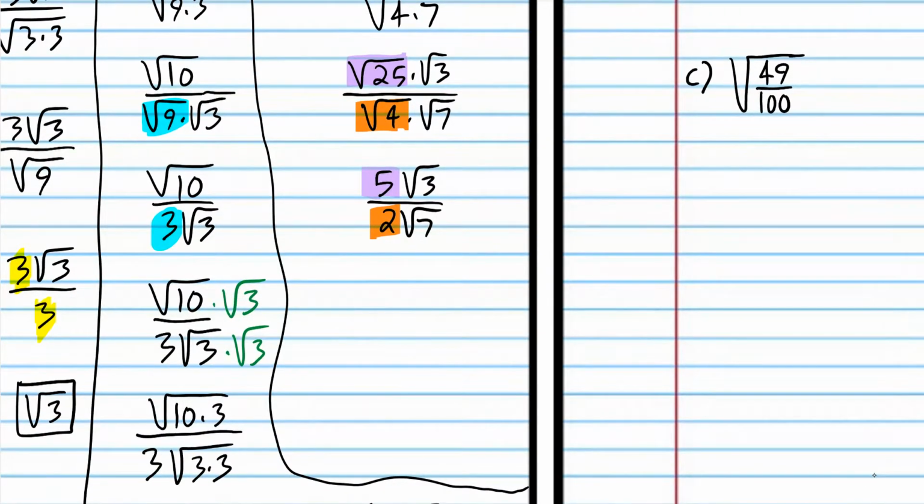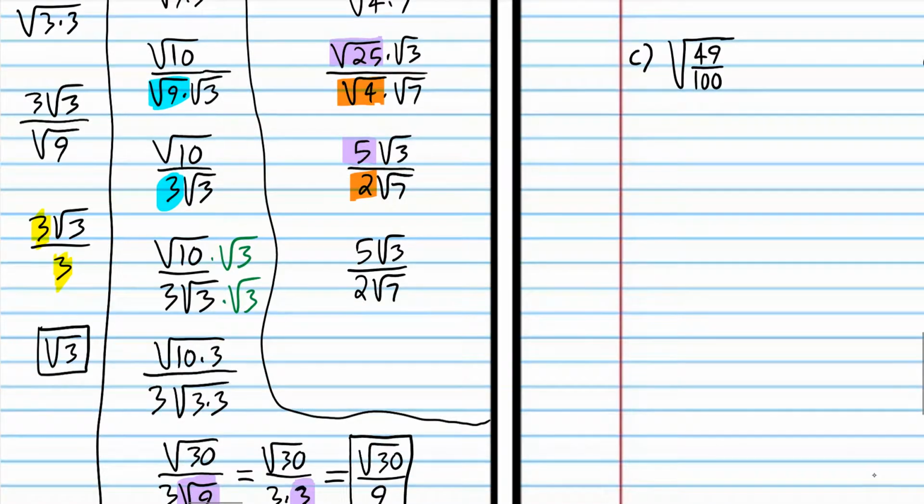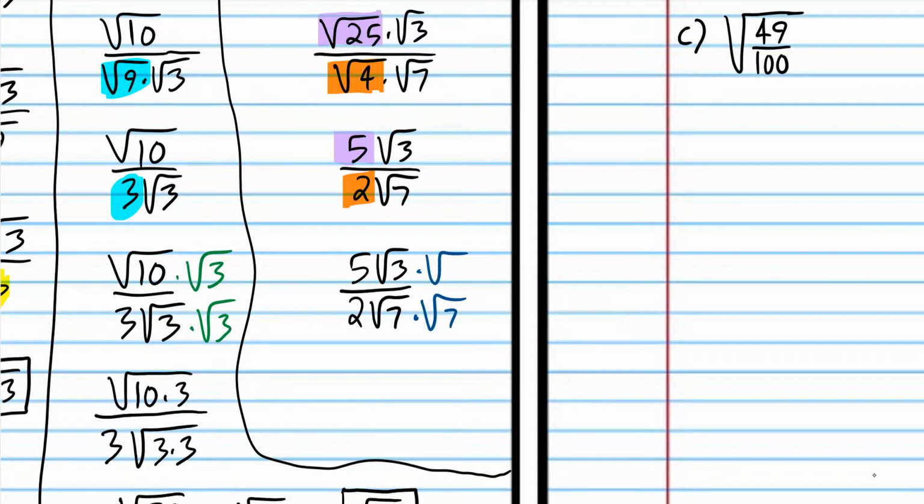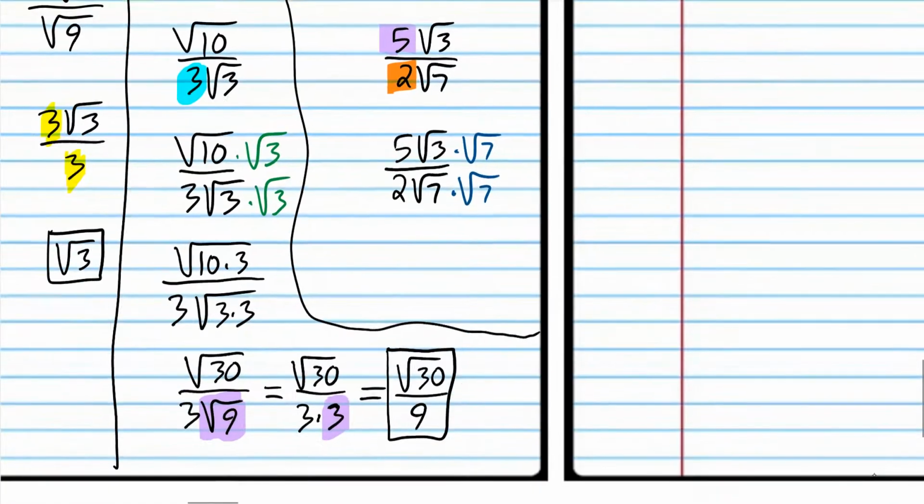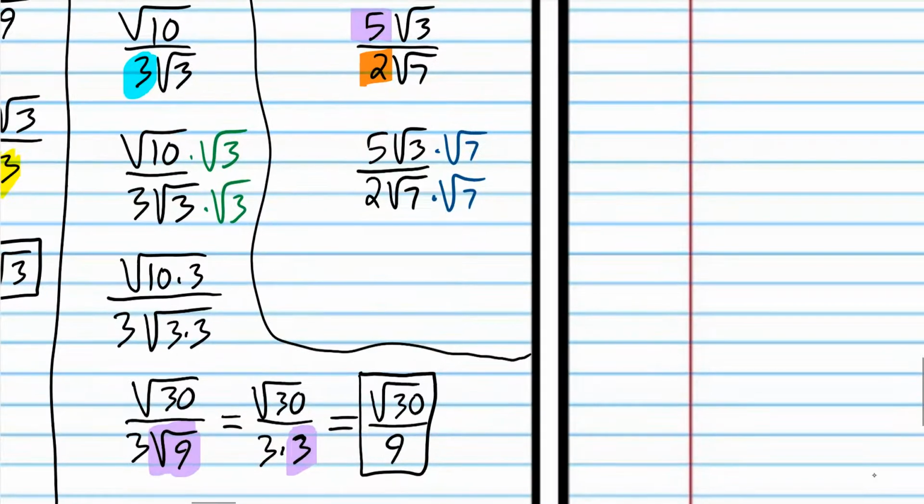So now we need to get rid of that root 7 in the denominator. So I'm going to multiply both sides by root 7. Maybe I shouldn't use purple because we already used the purple highlighter. Root 7 times root 7, multiplying root 7 by both sides.